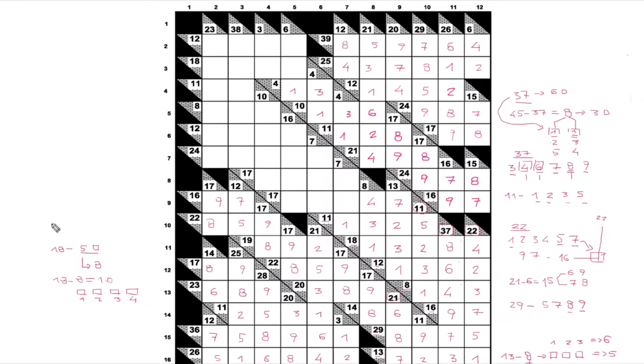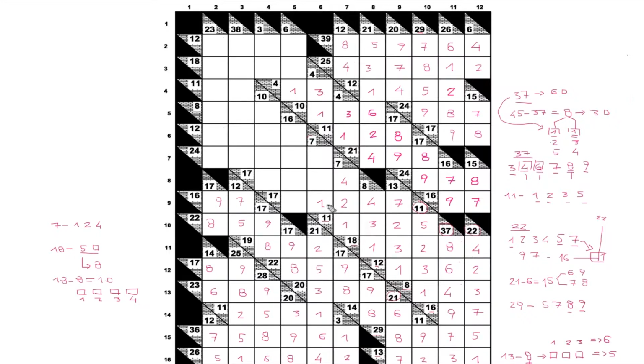Number 7, there is only one combination to make a number 7 with 3 numbers, and this combination is 1, 2, and 4. Here is a 1, here is a 4, and here will be number 2, here will be number 4. For number 7 here, the same logic.